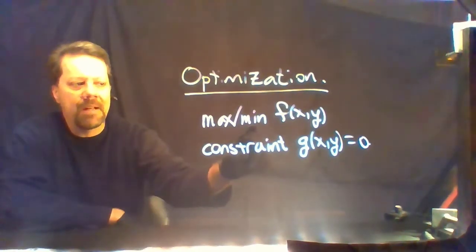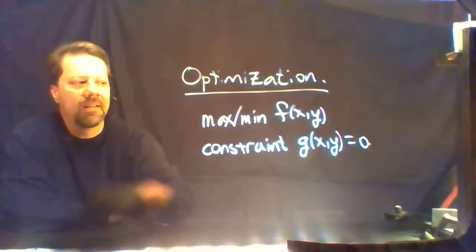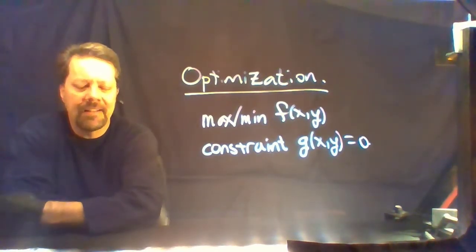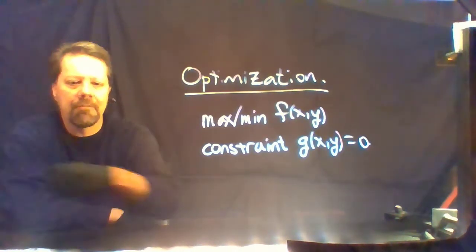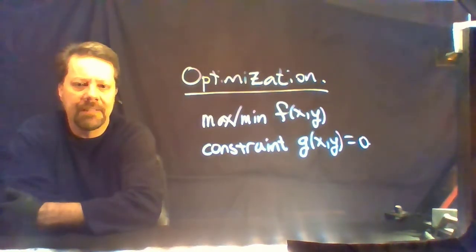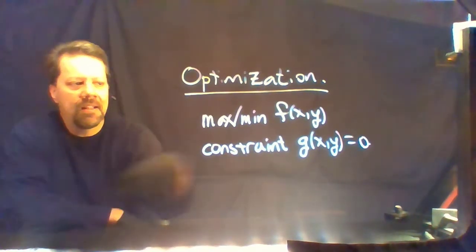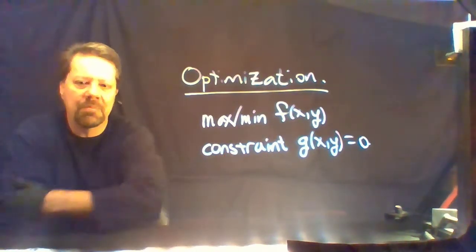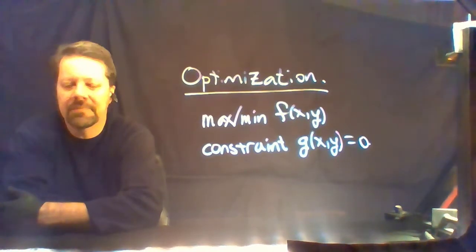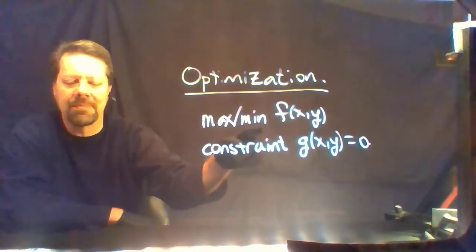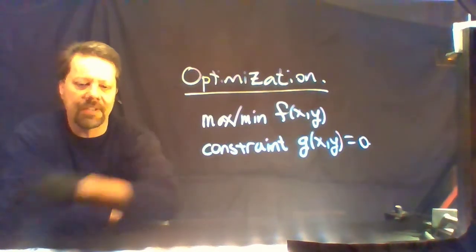I needed to find the minimum cost. I had more than two variables because each of the variables represented an amount of some acceptable food. And so there were many acceptable foods, which means I had to deal with something in pretty high dimension. The cost function was the price per unit times the number of units for each food. As you can see, that won't have any minimum or maximum if left on its own.